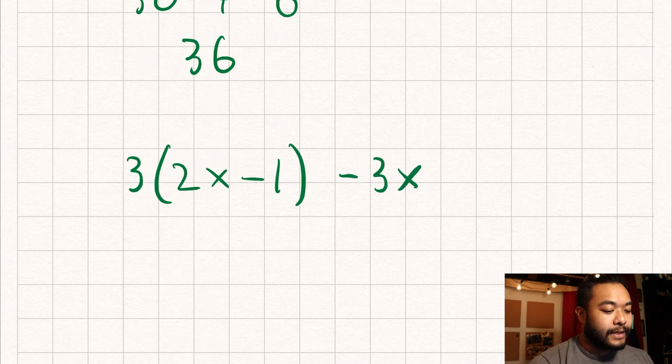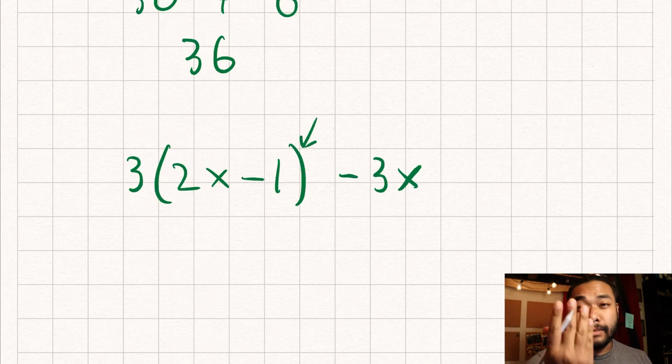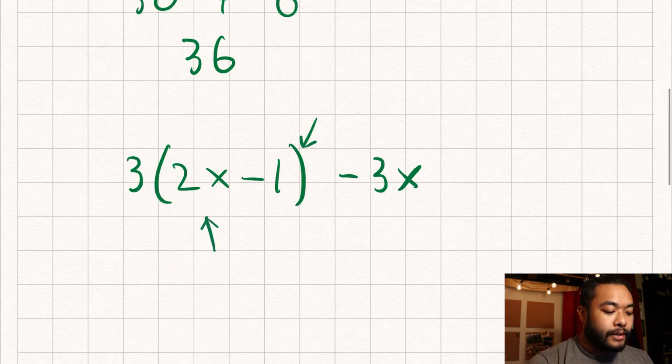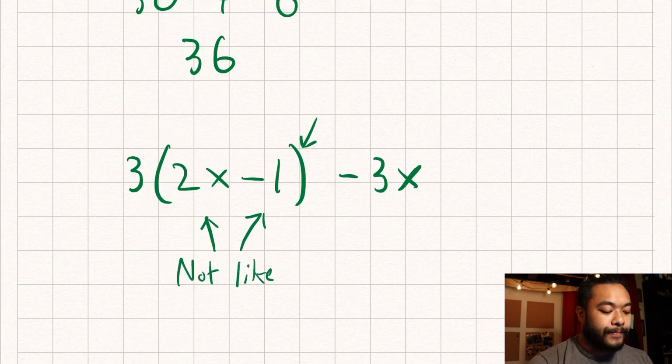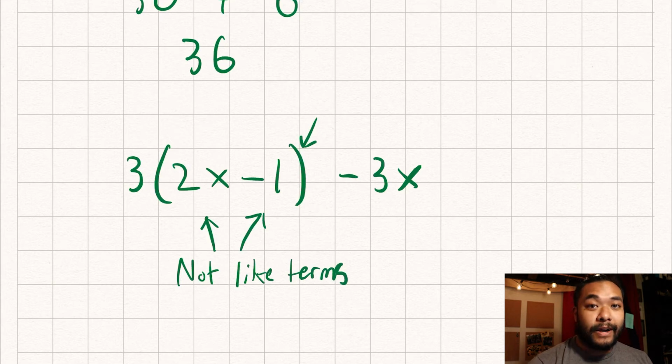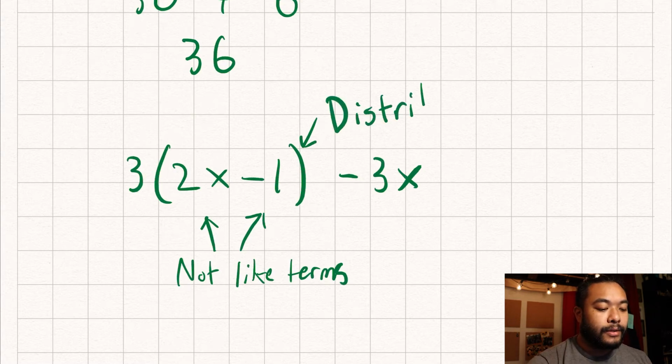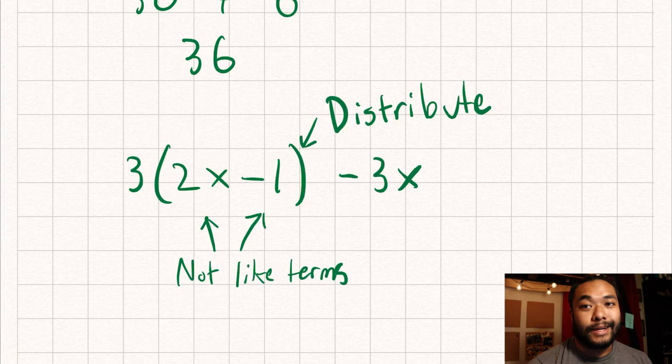The first thing is I see these parentheses and I think PEMDAS, and I need to take care of them. But 2x and minus 1, they are not like terms. We know this from previous videos, that they don't have the same variable, the same letter, and they don't have the same exponent. So we need to distribute, because there's no way I could add what's on the inside of these parentheses. So they're not like terms.